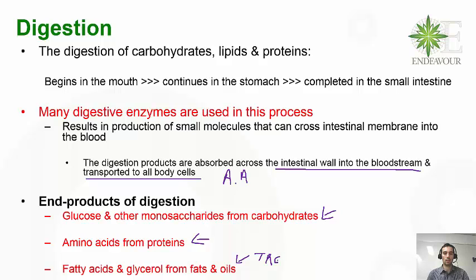Okay, so basically we use our digestion processes to break down the complex macromolecules into the smaller components, which can then be taken through the intestinal wall into the bloodstream and allows them to enter the cells where they can be used for metabolic reactions.